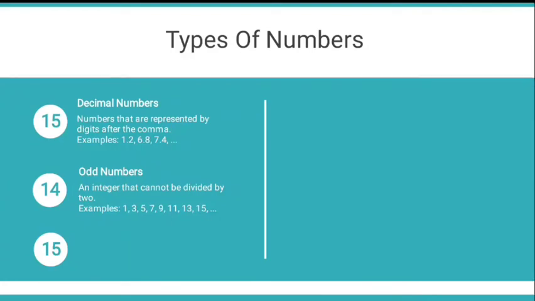Examples: 1, 3, 5, 7, 9, 11, 13, 15, and so on. Even numbers. Even numbers are integers that are divisible by 2. Examples: 2, 4, 6, 8, 10, 12, 14.